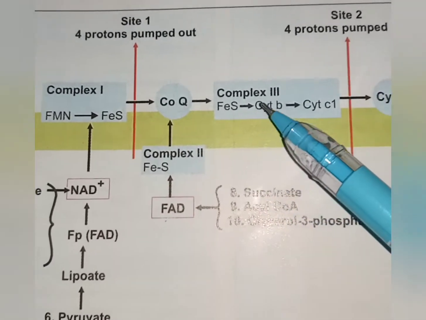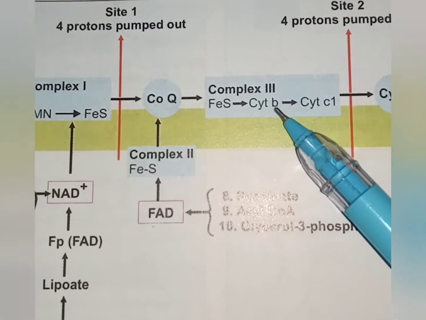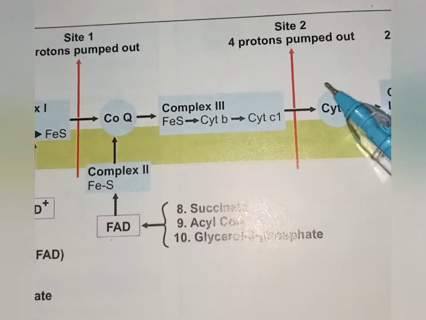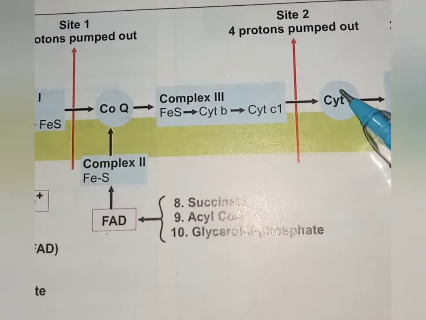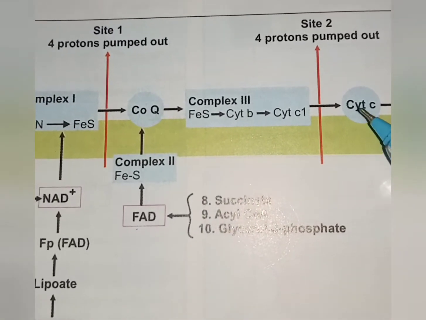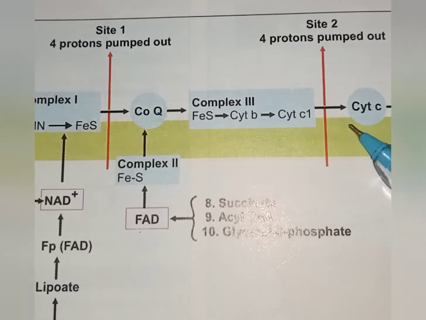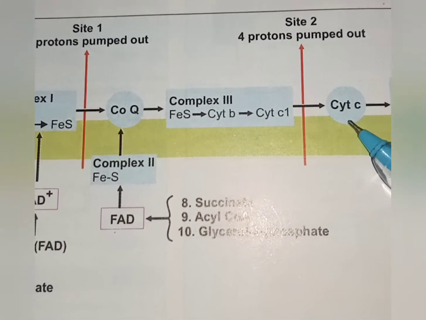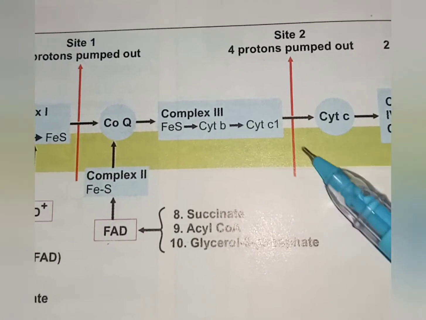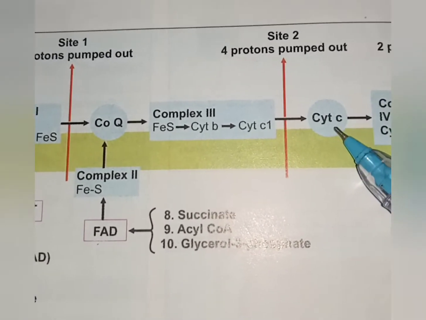Now it is transferring electrons to complex 3. Now complex 3 is transferring its electrons to cytochrome C. Cytochrome C is present on the outer side of the inner membrane. You must remember this. This is actually very important from the NEET point of view.